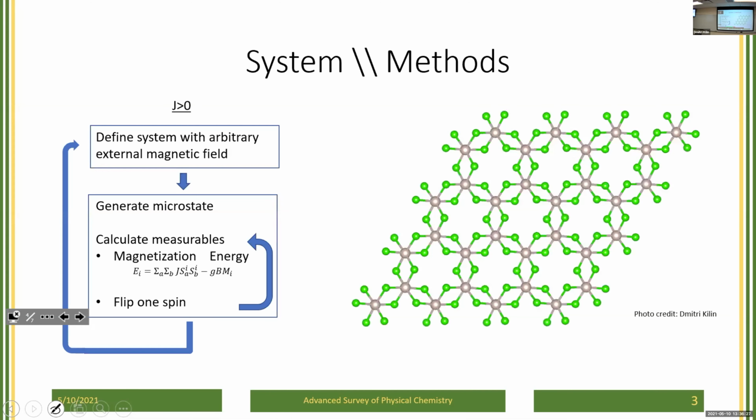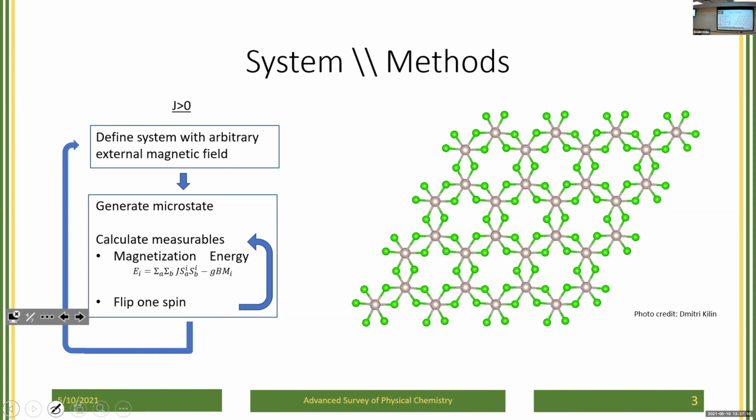The original system we were working with defined a random spin for each ruthenium on the lattice, and then from this, magnetization was calculated, the energy of that microstate was calculated, and then other things like how that microstate affected the ensemble energy and the change in energy overall. Then one spin in the lattice was flipped, and the energy of that microstate was calculated. If the energy did decrease, then we thought, hey, we were onto something.